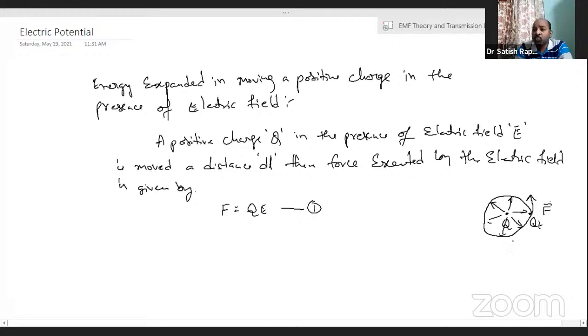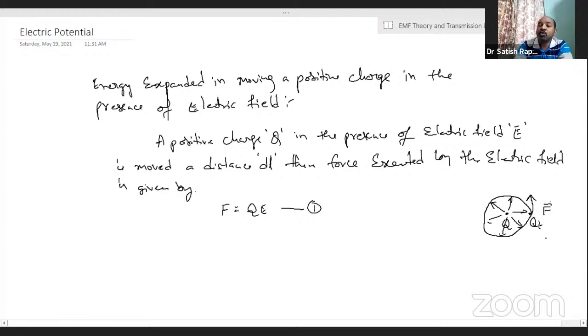If you want to move a test charge in the presence of electric field, what is the force we need to apply? Already a force is there because of the electric field, and that force is F is equal to QE.